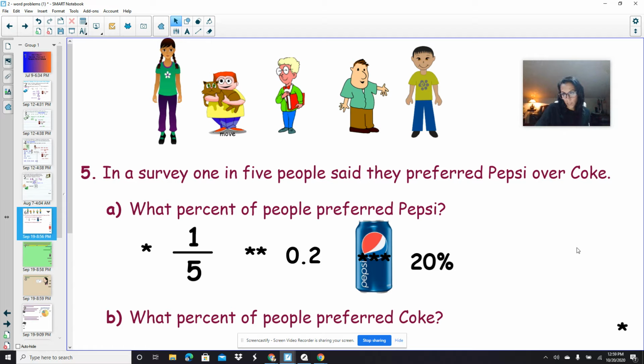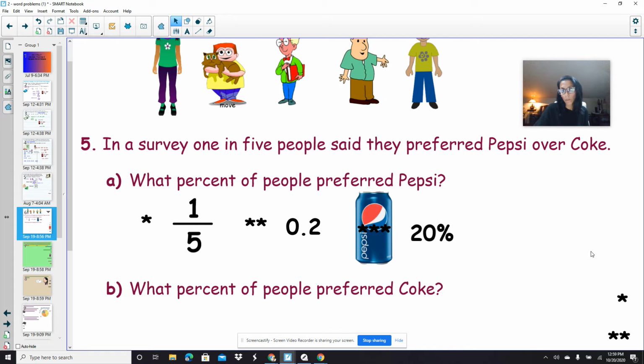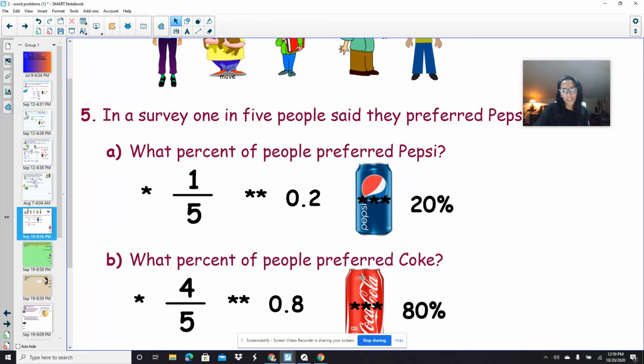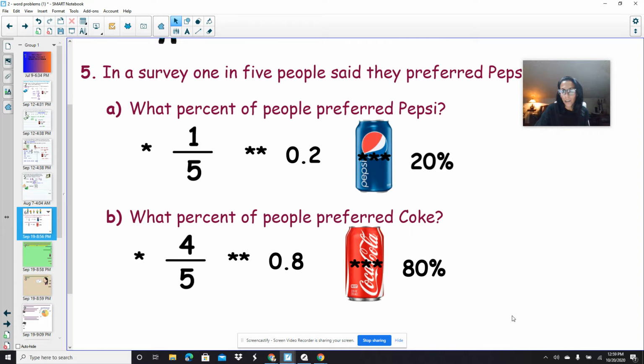Well, if 20% of the total population preferred Pepsi, what remaining percent preferred Coke? Well, remember 100% represents the total. Okay, so you could just say 80% because 100 minus 20 is 80, or you could just go through the whole process this way, determine 80%.